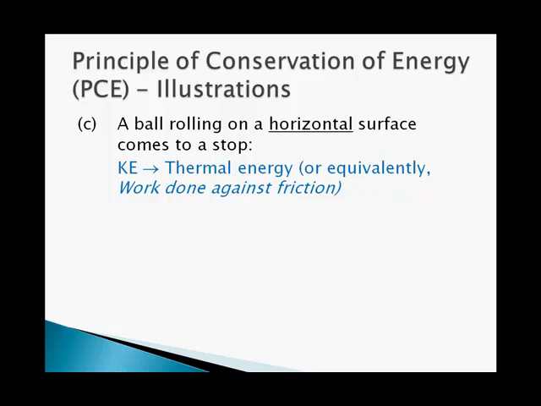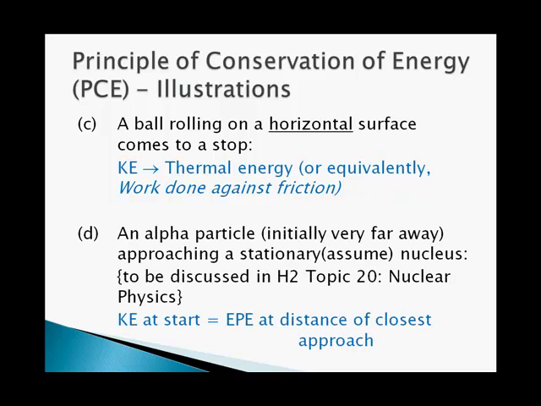So in this case, it is the work done against friction. And for example D, there will be an alpha particle which is approaching a stationary nucleus, and the KE at the start will be equal to the elastic potential energy at the distance of closest approach. Alright, and we'll be discussing this in topic 20 on nuclear physics.